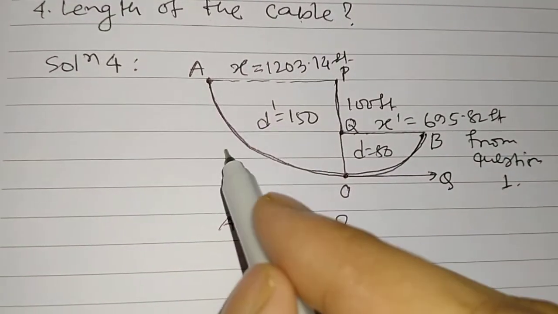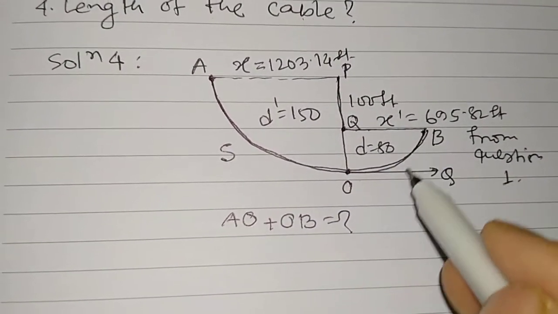So we can write AO equals S and OB equals S1.